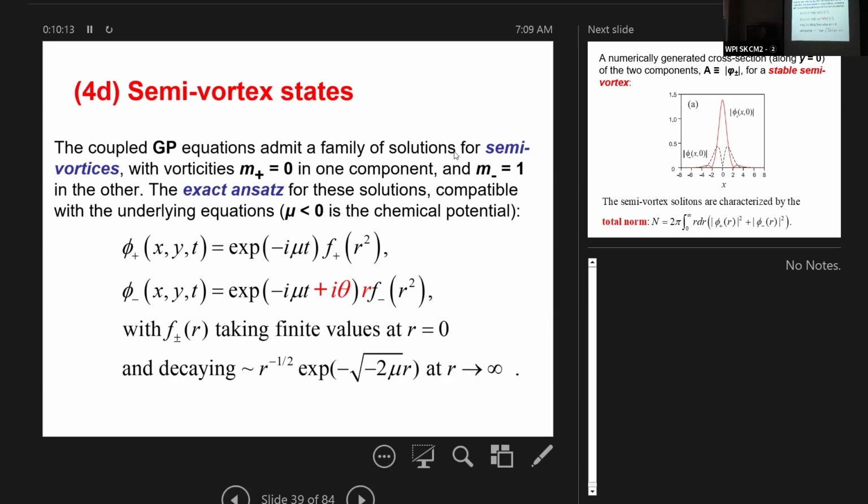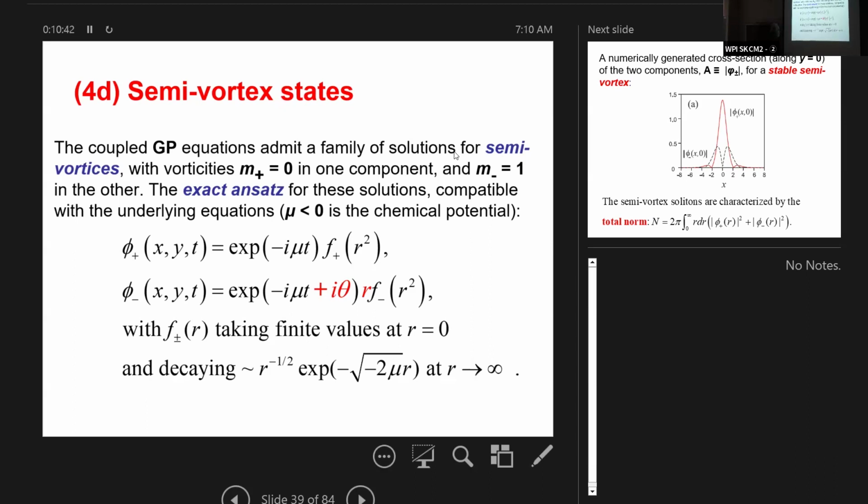So first of all, the analysis demonstrates that if we look for stationary solutions to our system, one particular type of the solution can be exactly represented by this ansatz. So what is exactly compatible with a specific linear mixing between the two components is the following structure. In one component, we can assume that we have just the uniform wave function.